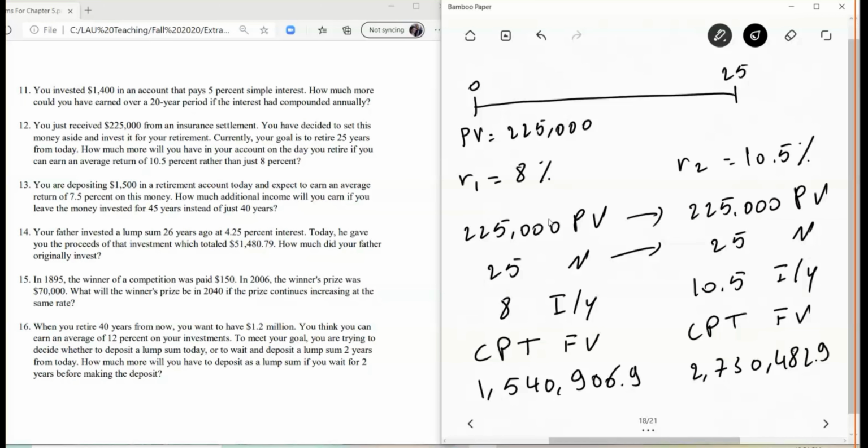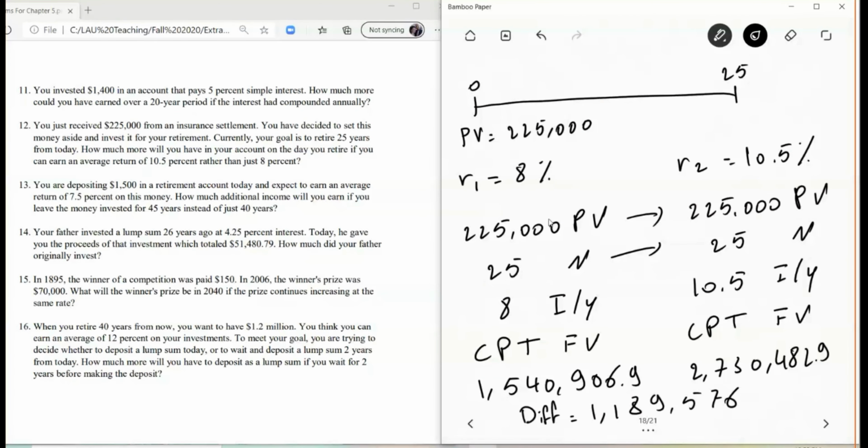So as you can see, this additional 2.5% had a huge impact on your investment over this 25 years period. If you can earn this additional 2.5%, you will end up earning an additional 1,189,576. So this is the answer, the difference between the two values.